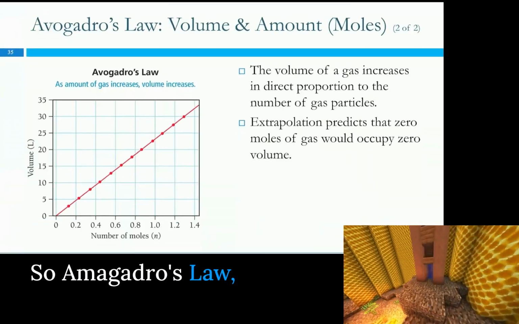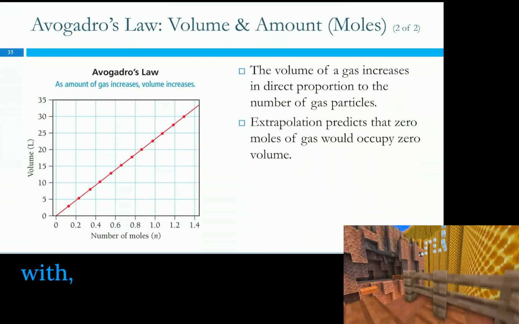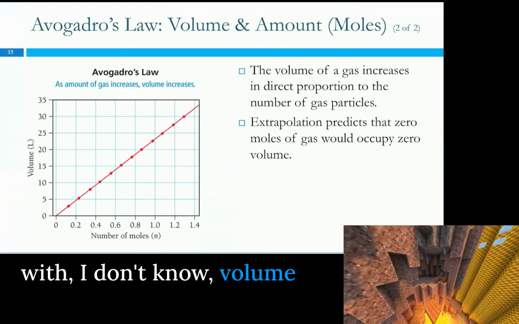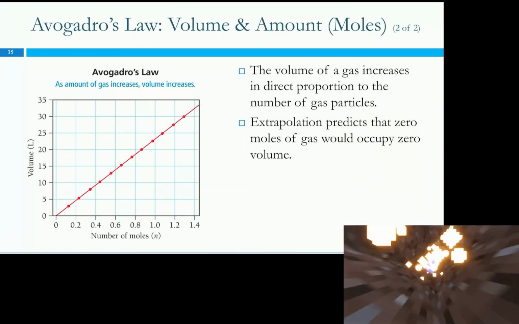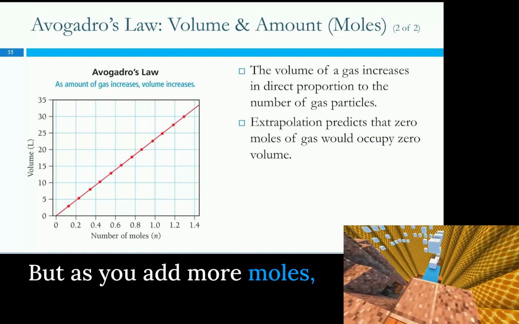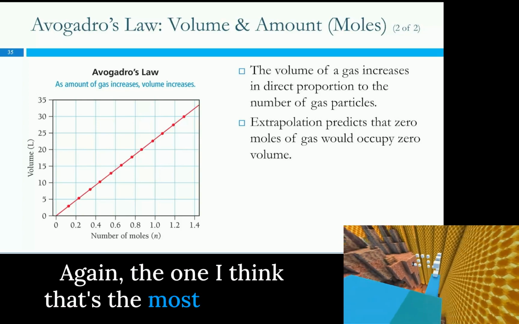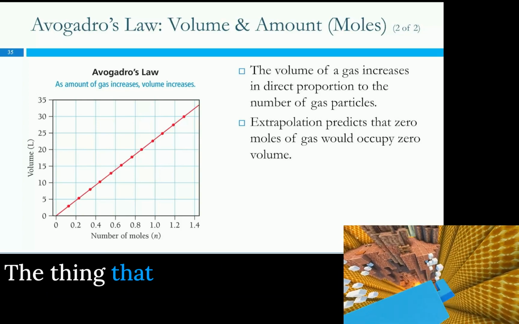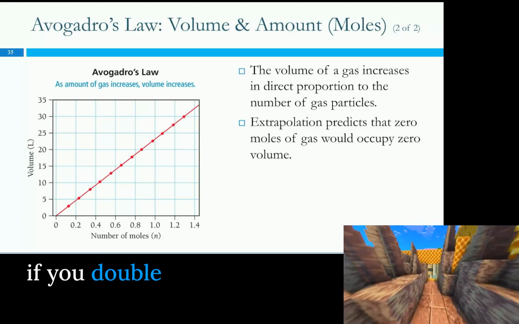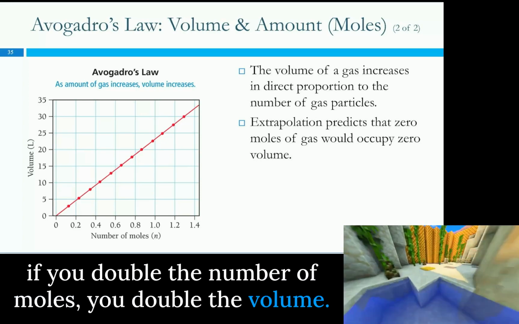So Avogadro's law, I mean, we could probably do this with, I don't know, volume of balloons, hard to measure. But as you add more moles, you increase the volume. Again, the one I think that's the most intuitive. The thing that maybe you might not have thought of is that if you double the number of moles, you double the volume.